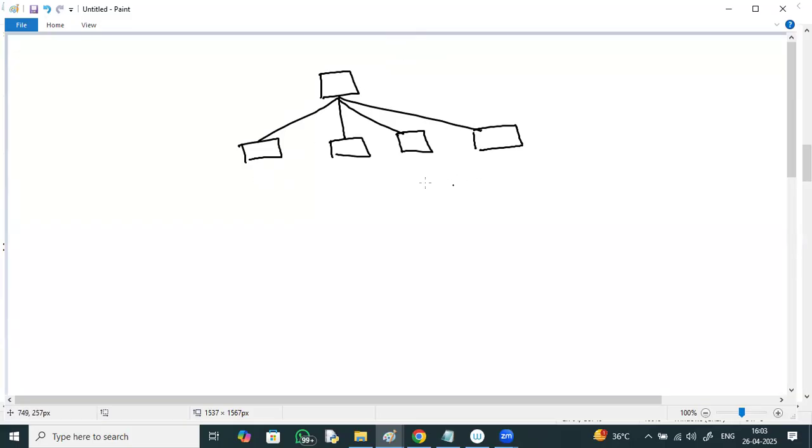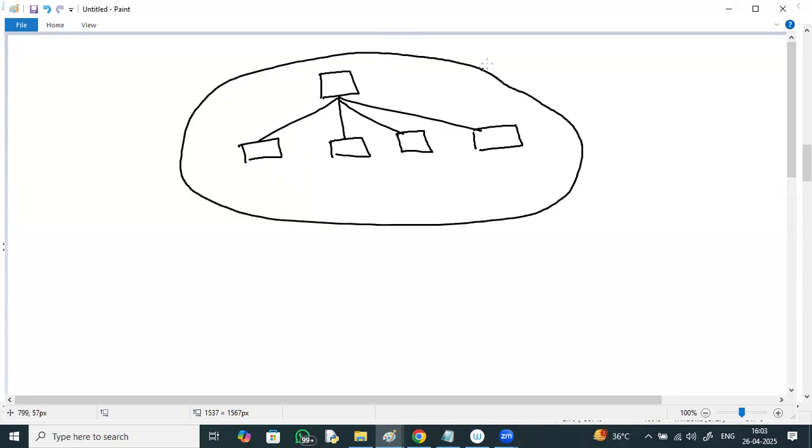This we call a cluster. Group of nodes, systems connected in a network. This is the master node, or the driver node we say. These are the slave nodes or worker nodes: S1, S2, S3, so on, Sn.